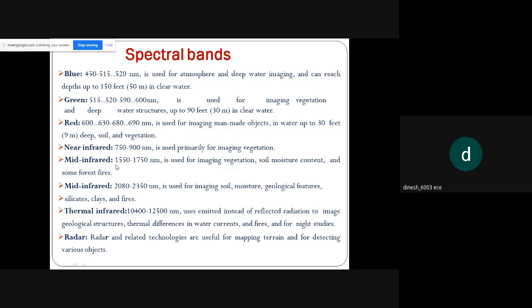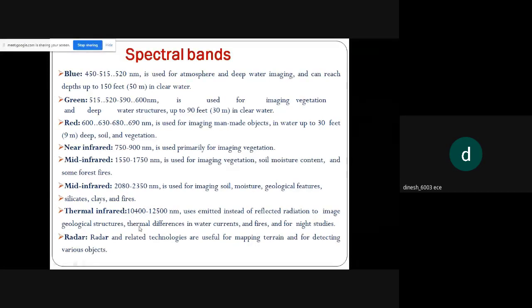And middle infrared, 1550 to 1750 nanometers, used for imaging vegetation, soil moisture content, and some forest fires. Whereas another region of mid infrared from 2080 to 2350 nanometers, used for imaging soil, moisture, geological features, silicates, clays, and fires.